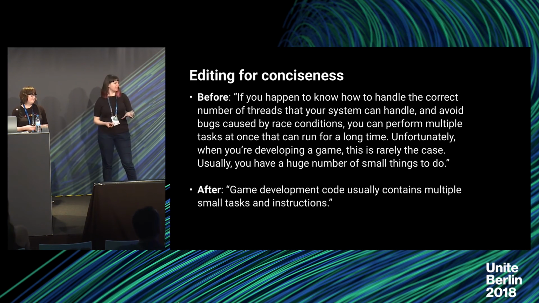So, rewritten for conciseness here, the same information turns out to just be the final sentence of that first example. Game development code usually contains multiple small tasks and instructions. That was the actual information from that whole first paragraph. Also note that the first example there is 61 words, and the revised version is 10 words.